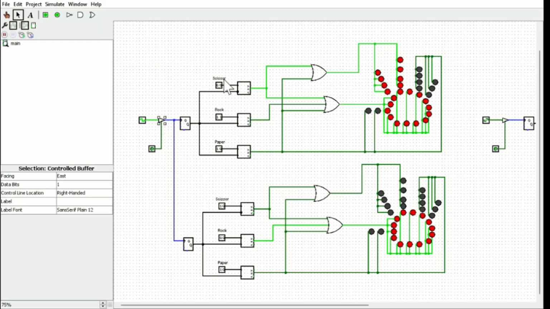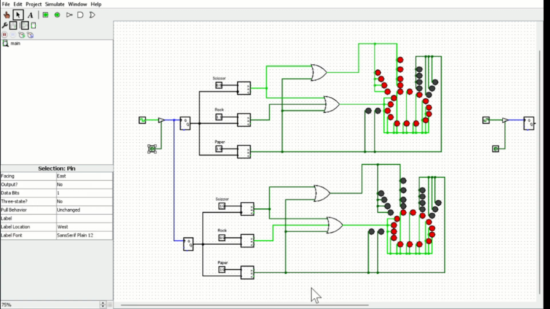I'm going to explain how many components we used in our Logisim. In total we used 7 components. The first component is the clock. This one is the controlled buffer, this one is known as a pin, and this one is the random generator.